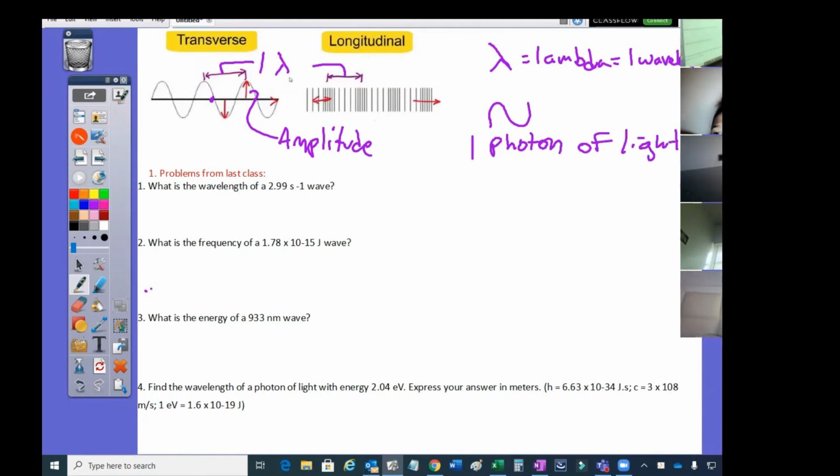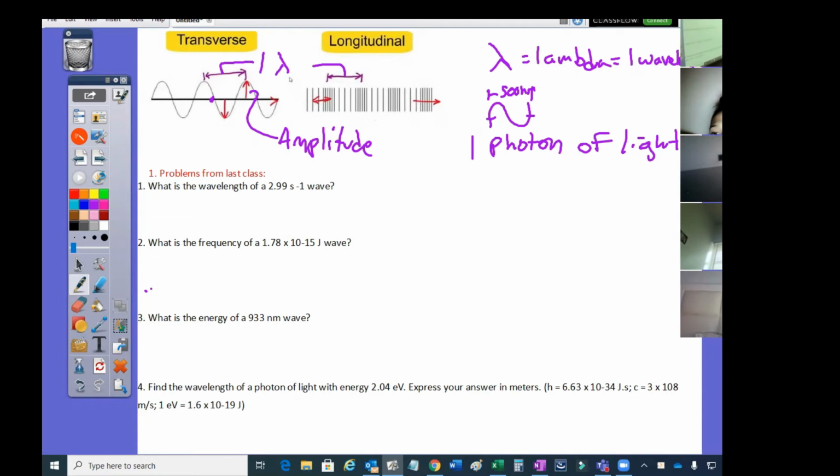We'll say the distance between here and here is 500 nanometers. Yeah, 500 times 10 to the minus 9 meters in length. That puts it in visible light. So 400 is bluish light. So 500 is probably green, blue, or something like that.